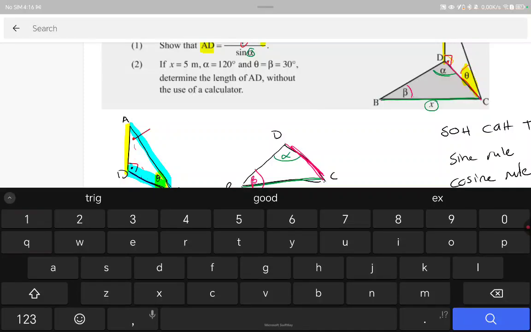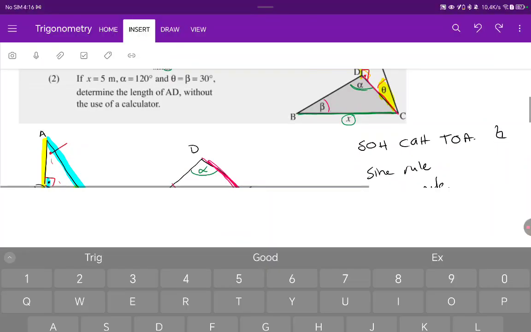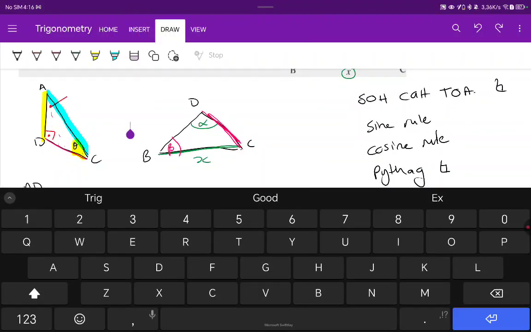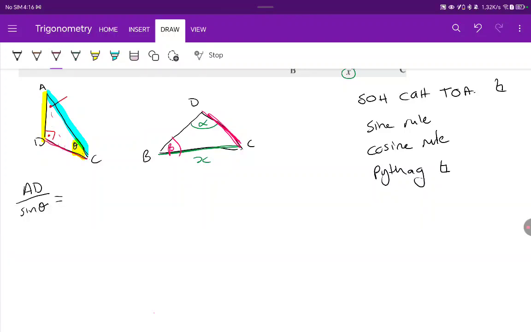Oops, wrong color. And the reason why is because DC exists in both triangles, right? So I've got DC here and I've got DC here. So I'm going to go with DC. So this is equal to DC over, now we've got two DCs in two different triangles.